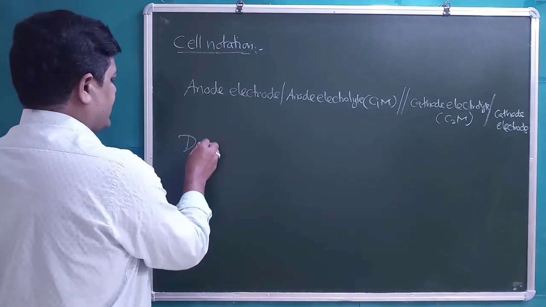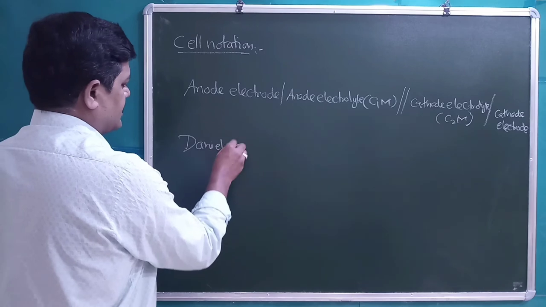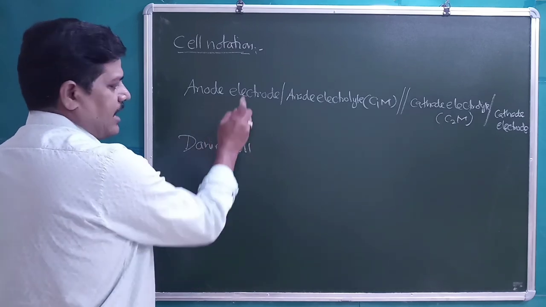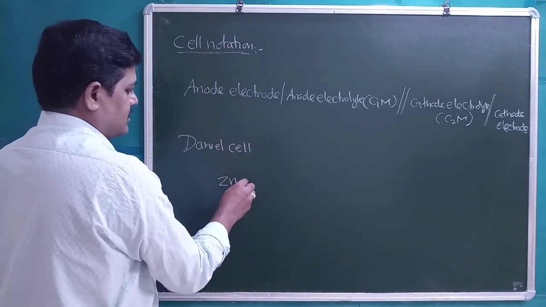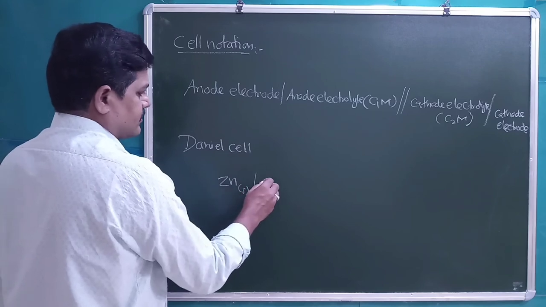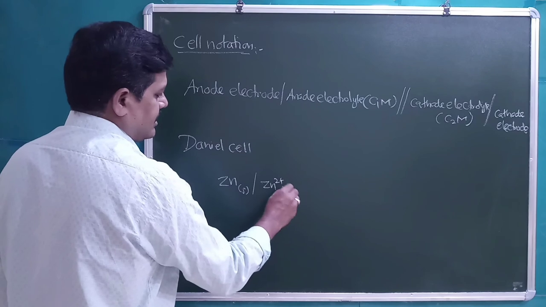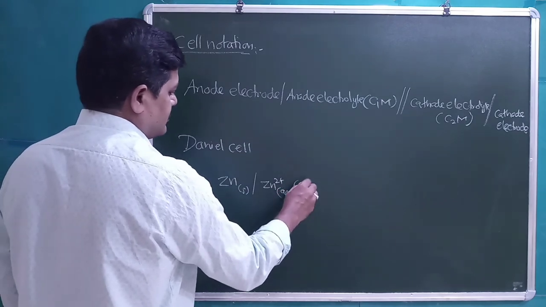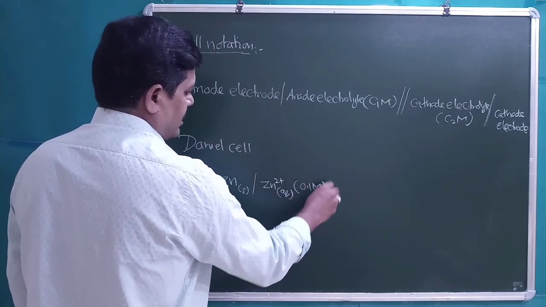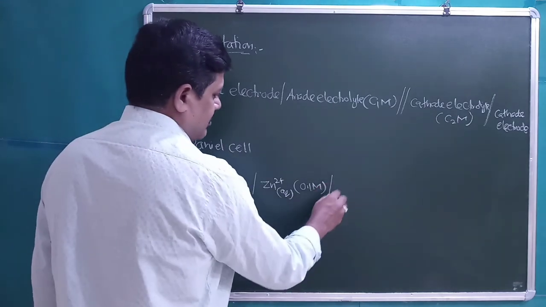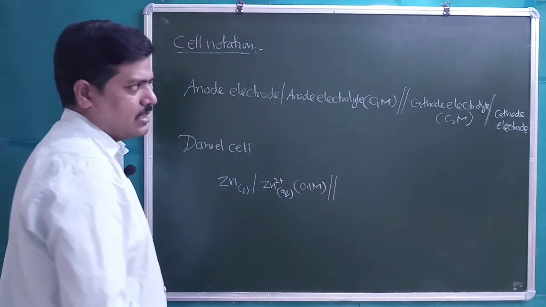If it is a Daniell cell, then the anode is zinc solid / anode electrolyte is Zn2+ aqueous. Let us assume its concentration is 0.1 molar. Double slash indicates a salt bridge.